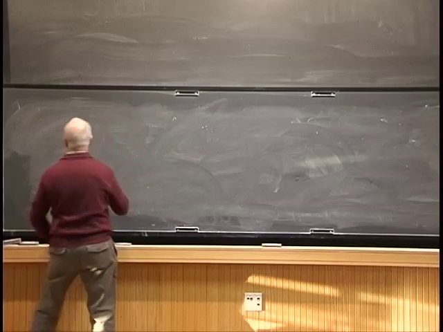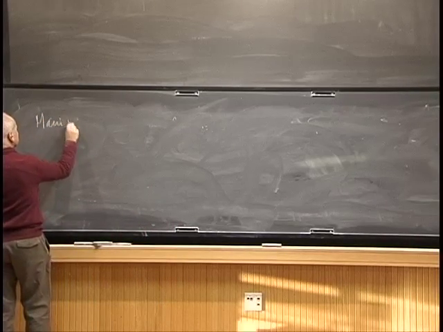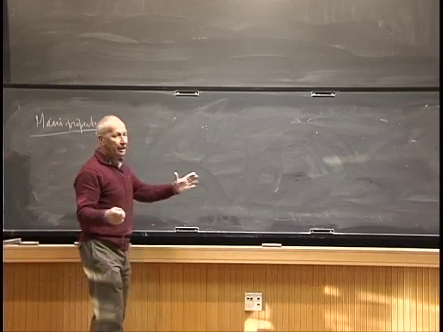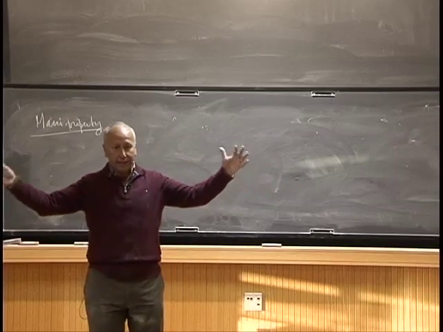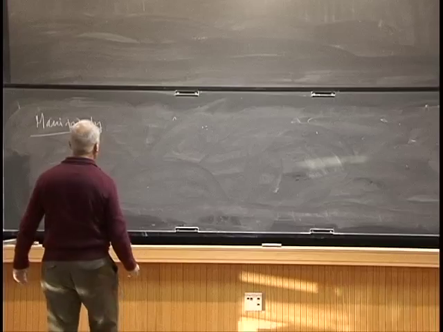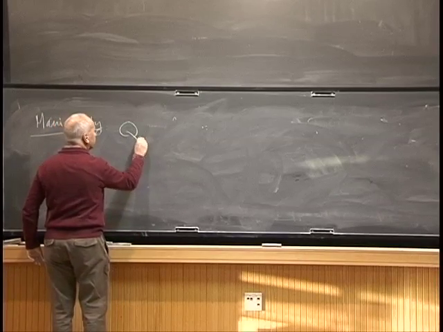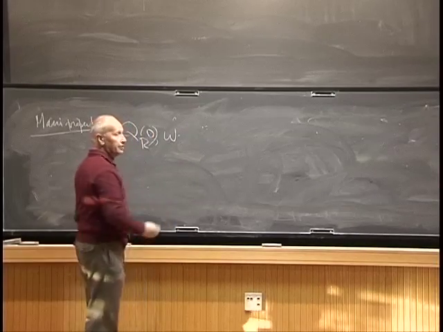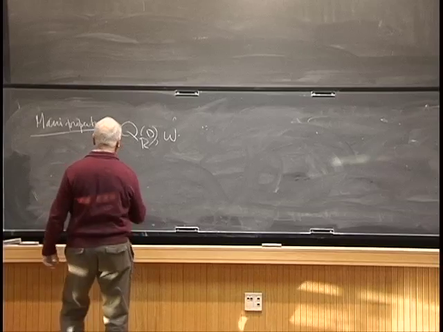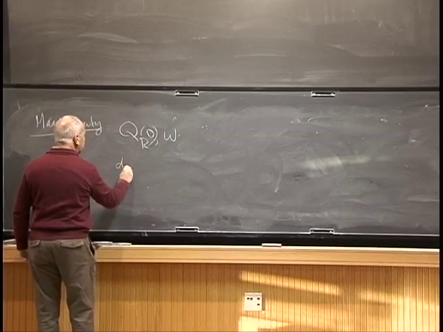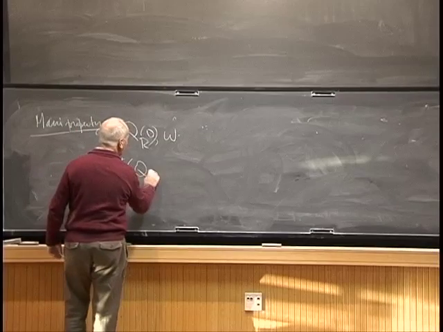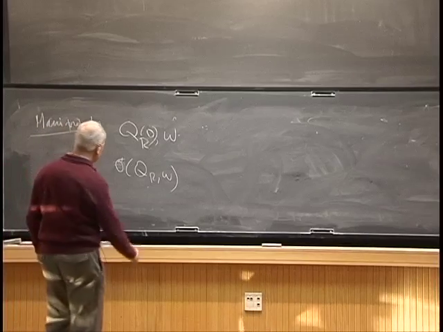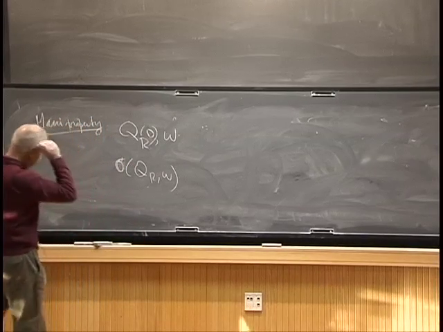So the main property I'm going to use: suppose I take the origin, and for any cube at the origin I define a quantity. So for any cube QR, and for any omega, QR of 0, I define a quantity sigma of QR and omega.